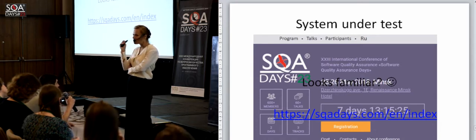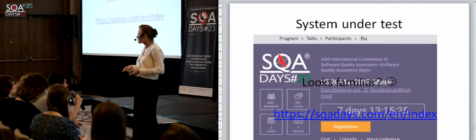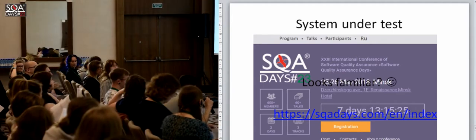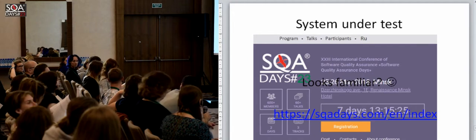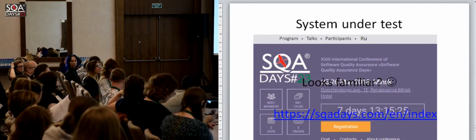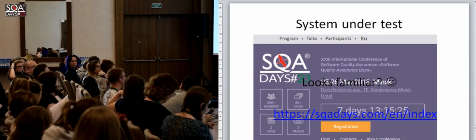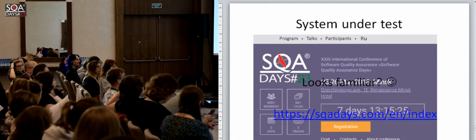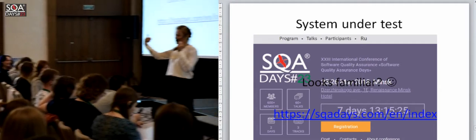Can you give me a sample risk related to this application? Conference about quality: if the quality of the website is not good, it will impact your reputation. That's a risk, okay?